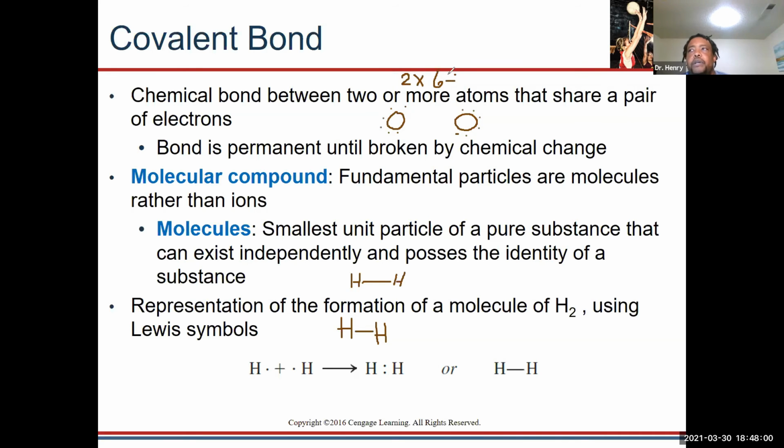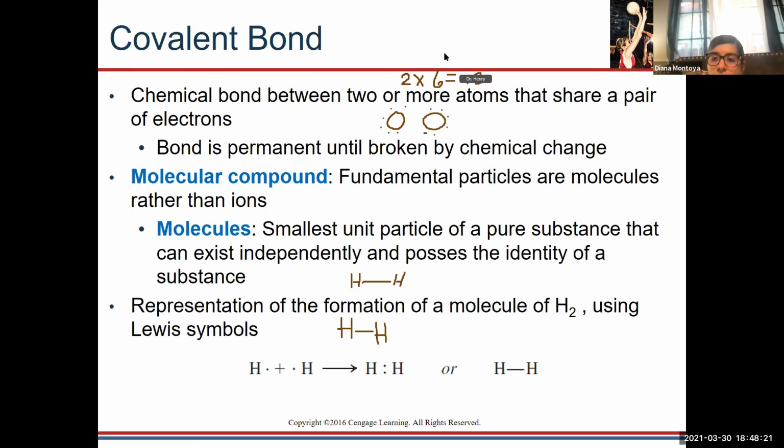So we have 12 electrons to work with. We need to share some electrons so that everybody can have 8 around them. How many electrons are we going to share? 4. Okay, so I'm going to move 2 in the middle. That's right, it's going to form a double bond.